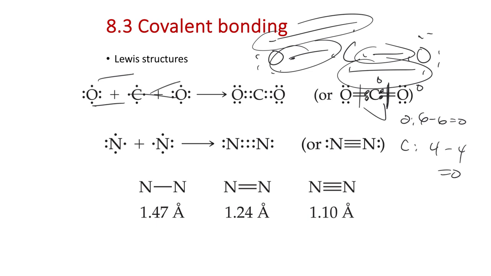But if I'm comparing single versus double versus triple bonds, we can make a comparison right off the bat. If you look at nitrogen-nitrogen with a triple bond, N2 has a really short bond. If we add a hydrogen onto either side of nitrogen to make a different molecule, it has a double bond instead of a triple. And that bond distance is greater because we now have fewer bonding electrons. So instead of 6 bonding electrons, we now only have 4 bonding electrons.